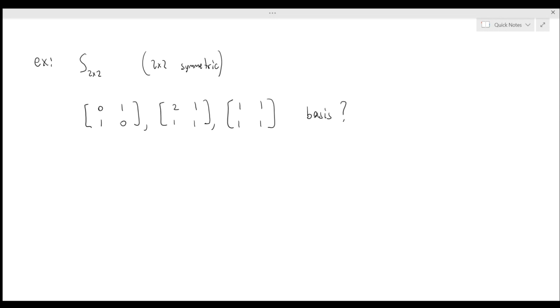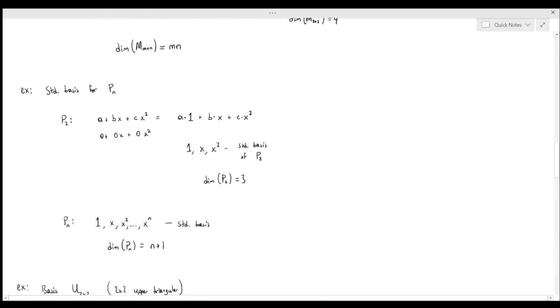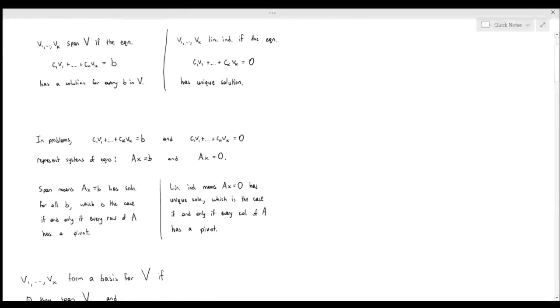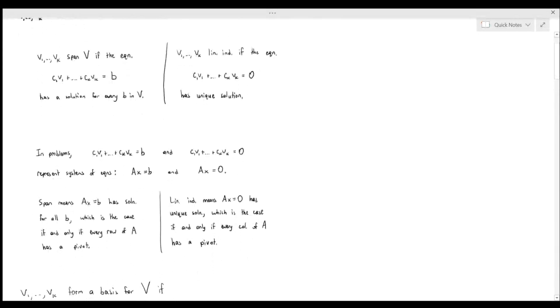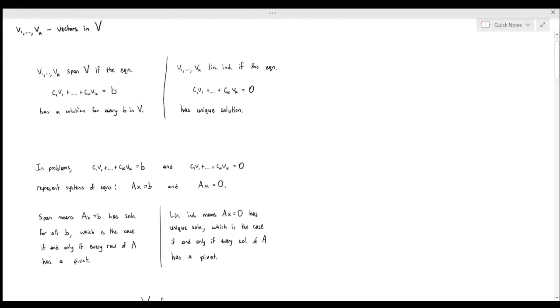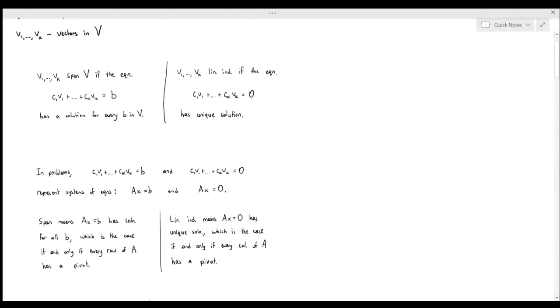So remember that to form a basis, they have to span and be linearly independent. So to check if they span, you want to set up this equation and see if it always has a solution, no matter what the right-hand side b is.